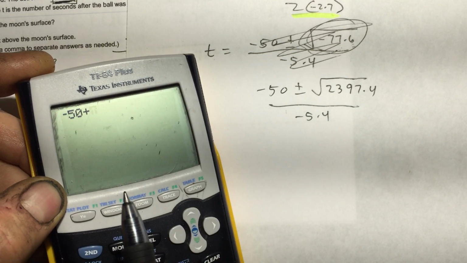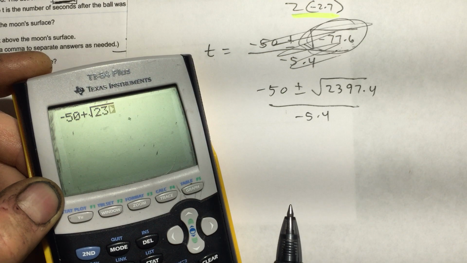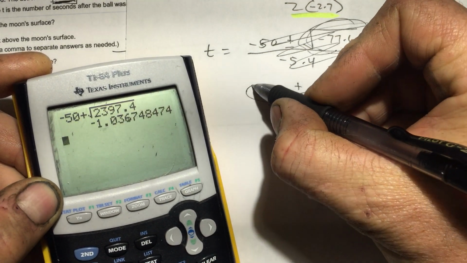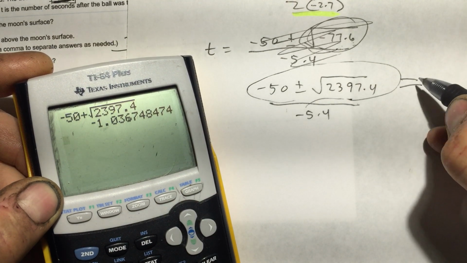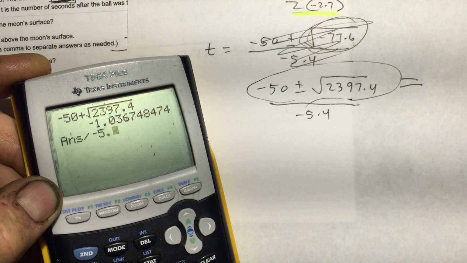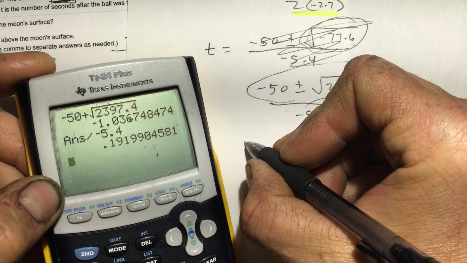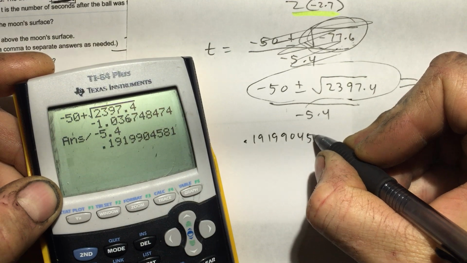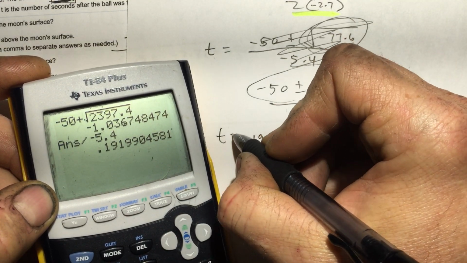I'm going to do radical 2397.4. And you have to hit equals. So you do this top right here and you hit equals. Then you divide by the bottom. So you divide by negative 5.4. And I get this right here, 0.191990458. There's one answer for t.